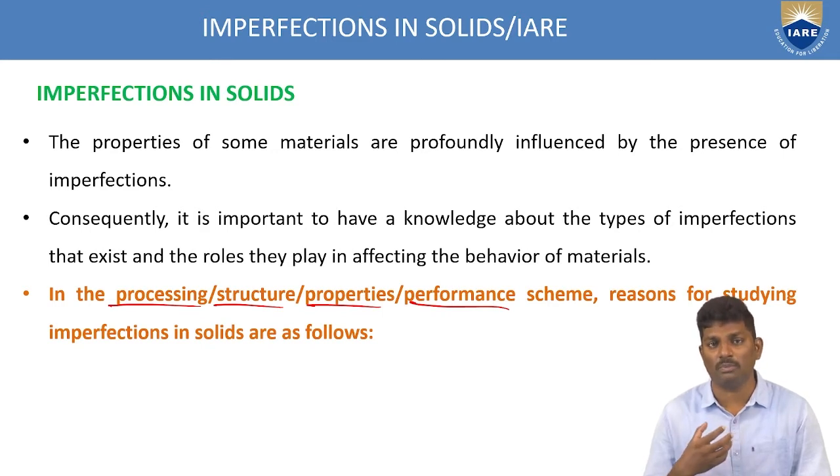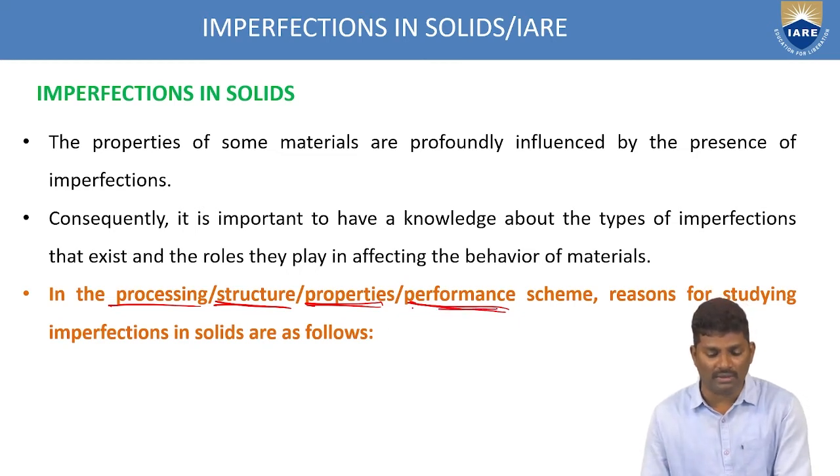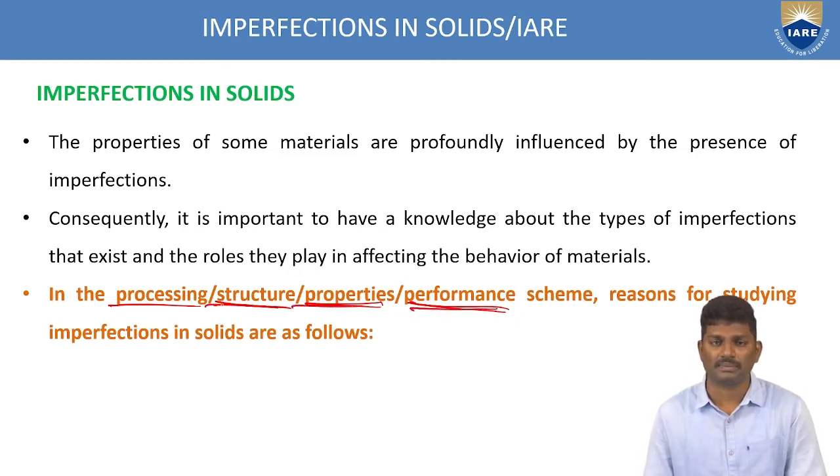If you want a good performance, the material has to have good quality. If it has defects, then the performance will come down. In a similar way, the properties will also come down when it has more defects. The structure will vary depending upon the defects.